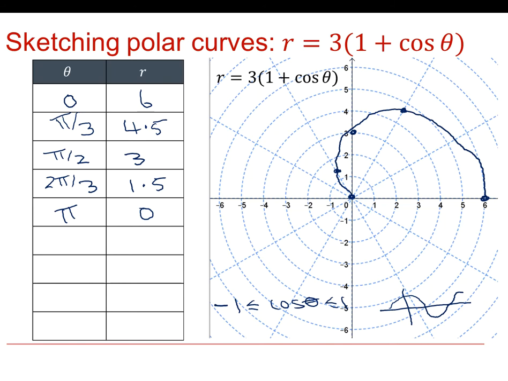Moving on, 4 pi by 3 would give us an r value of 1.5. 3 pi by 2 would give us 3. And then if we were to consider the next point, we'd be back up to 4.5. We could write that as minus pi by 3. Thus, putting those points in would indicate that the curve has a symmetry and looks something like that.